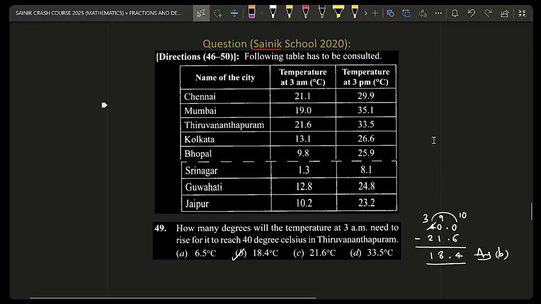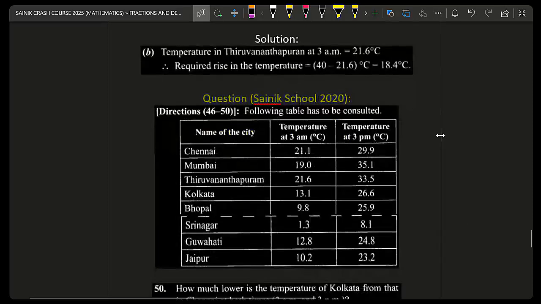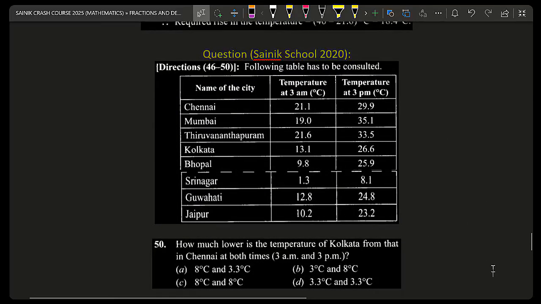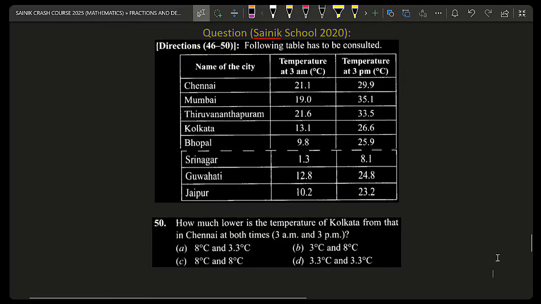Okay, last question on this table. How much lower is the temperature of Kolkata from that in Chennai at both times, 3 a.m. and 3 p.m.? Read the question properly, otherwise you'll get the wrong answer.